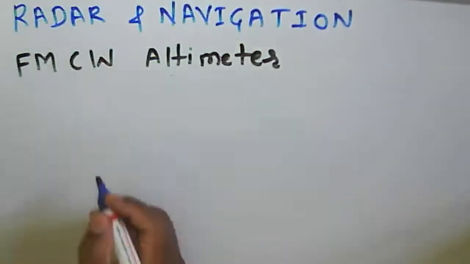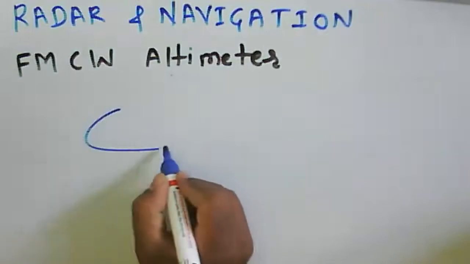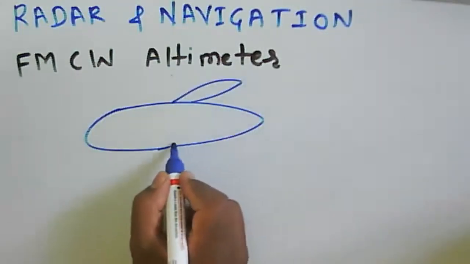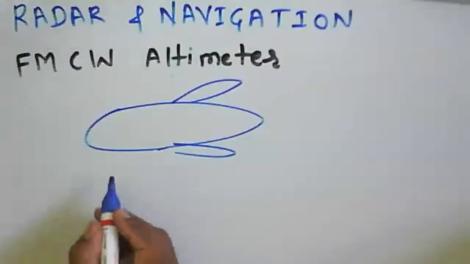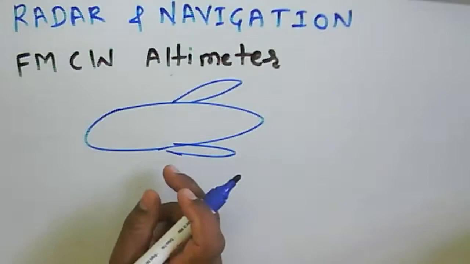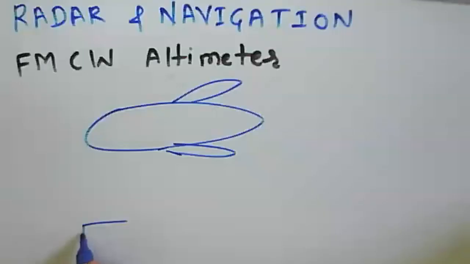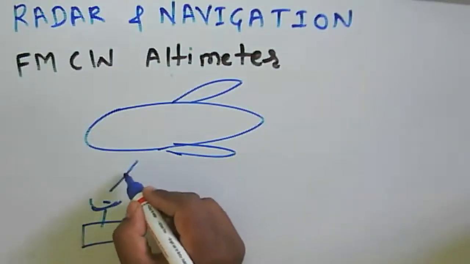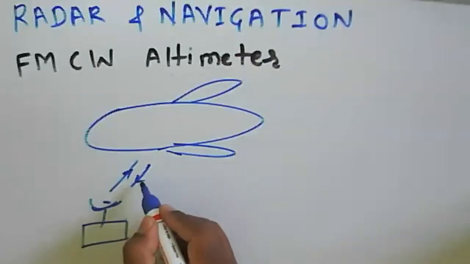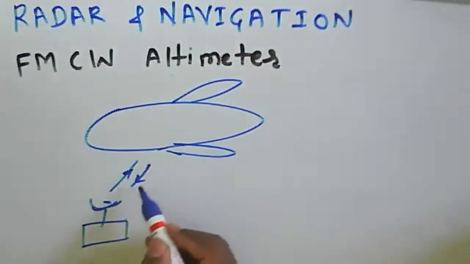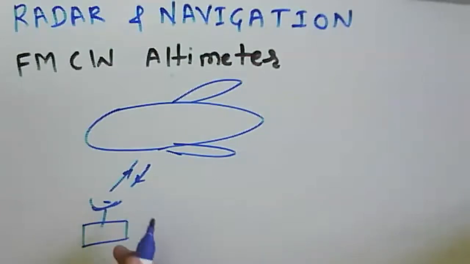If you consider an aircraft, it has a large cross section. When we transmit a signal from the radar, because of that large cross section, the signal gets reflected from it.